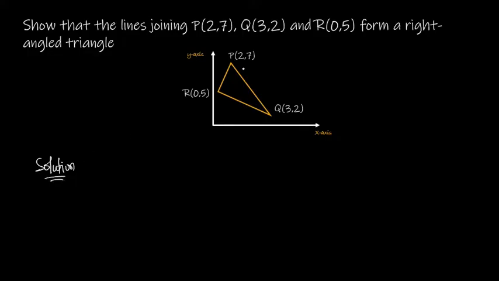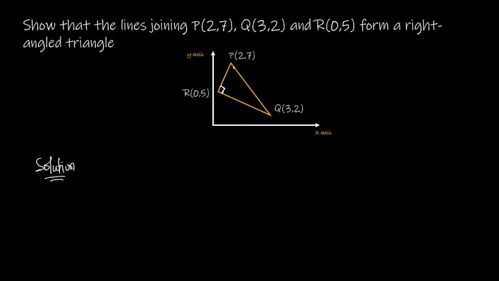Now, if we look at the diagram very well, the question is demanding that we show that the lines joining P, Q, and R form a right angle triangle. If you look at that, the only two lines that can give us a right angle triangle are the line PR and then RQ. That is, the angle over here should be 90.